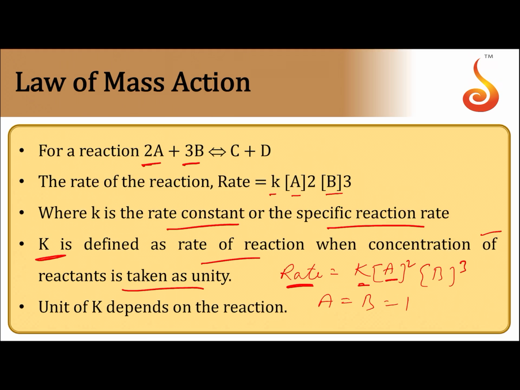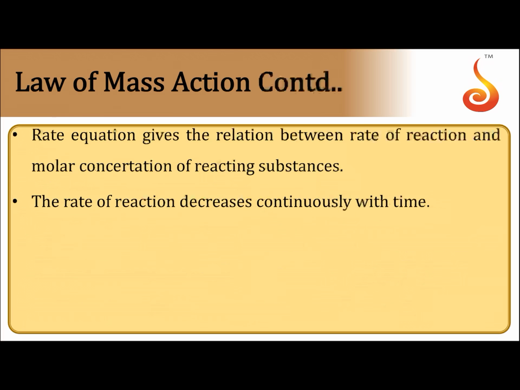Means when you take concentration of A and B equal to unity, then the rate becomes equal to the rate constant. And the units of K depend upon the nature of the reaction.